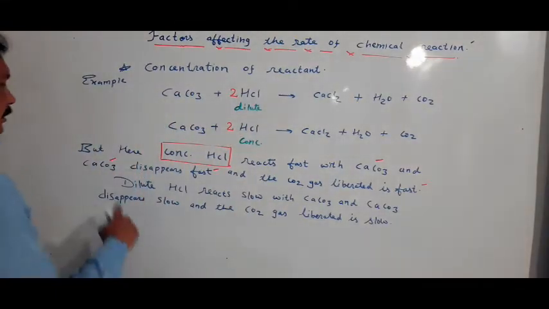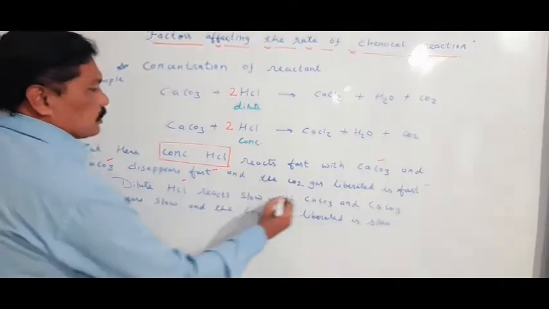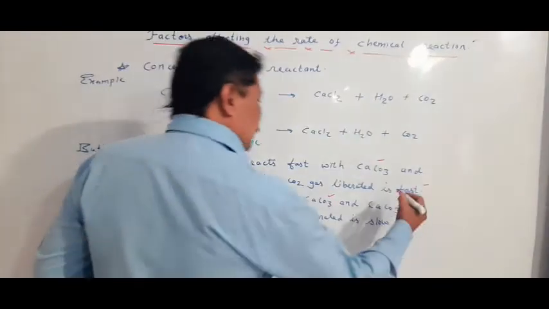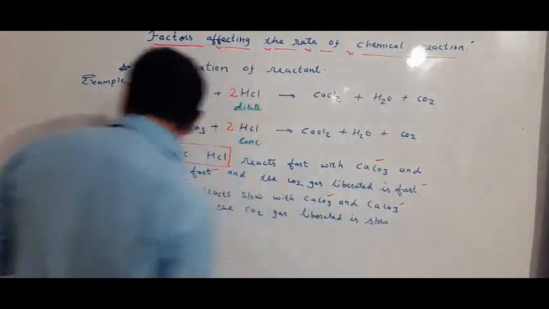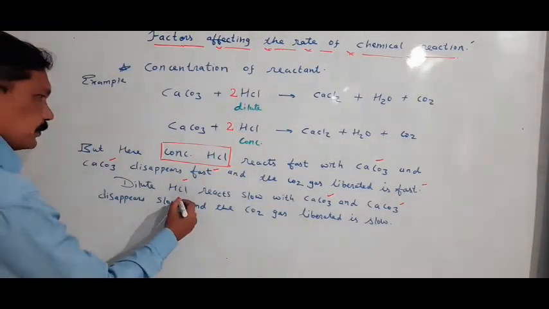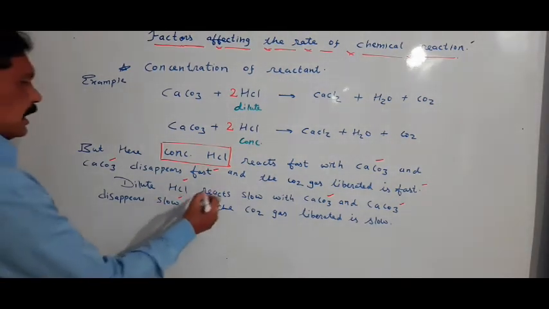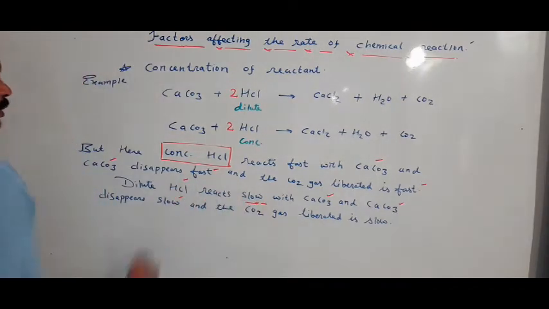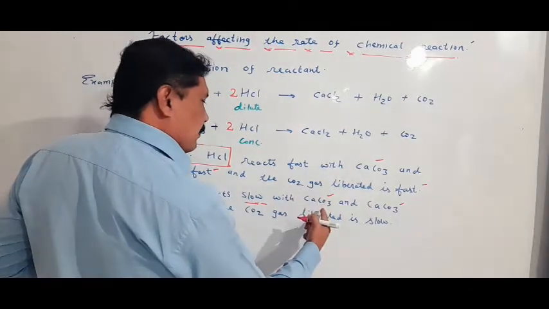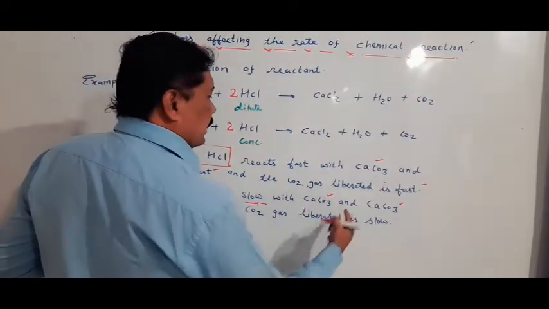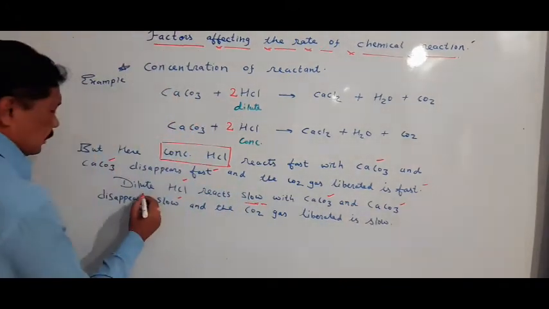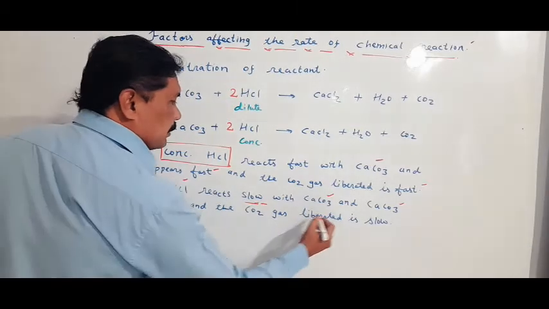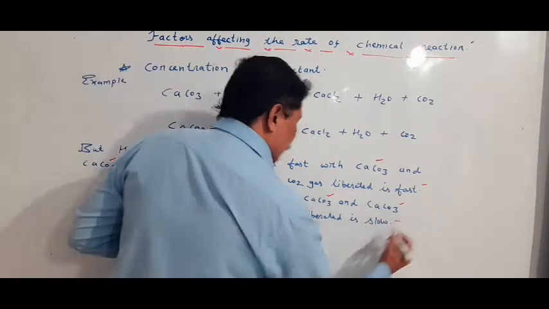On the other hand, dilute HCl reacts slow with calcium carbonate. Therefore, calcium carbonate disappears slow and the carbon dioxide gas liberated is slow.